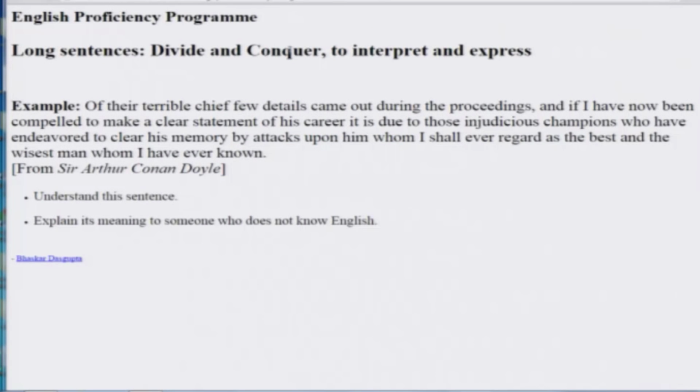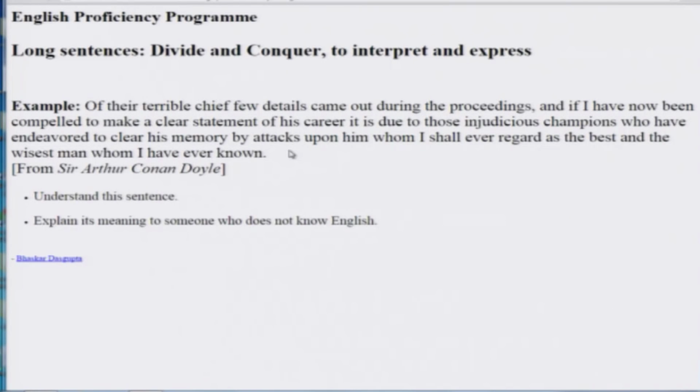In long sentences we use the policy of divide and conquer, whether to interpret or to express. I have taken an example from a master author, Sir Arthur Conan Doyle, and this sentence, as I remember, has approximately 60 words.